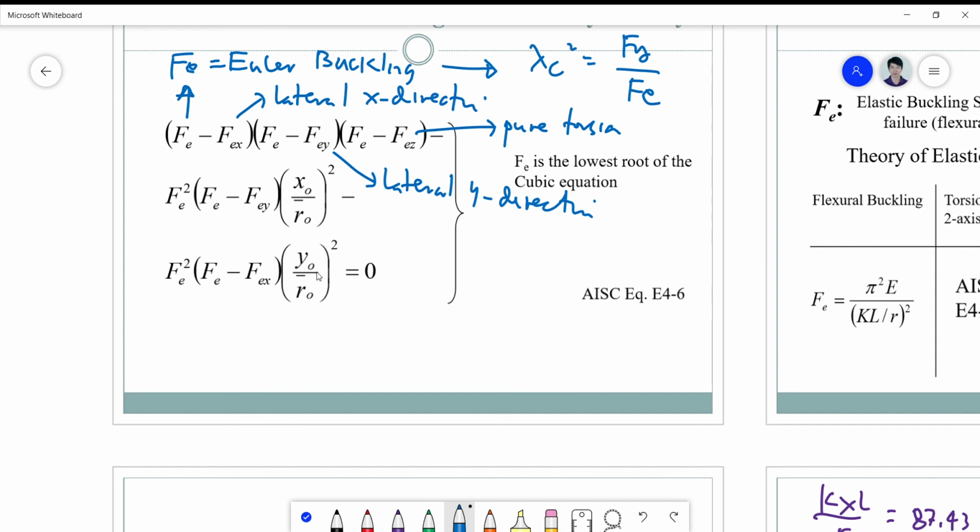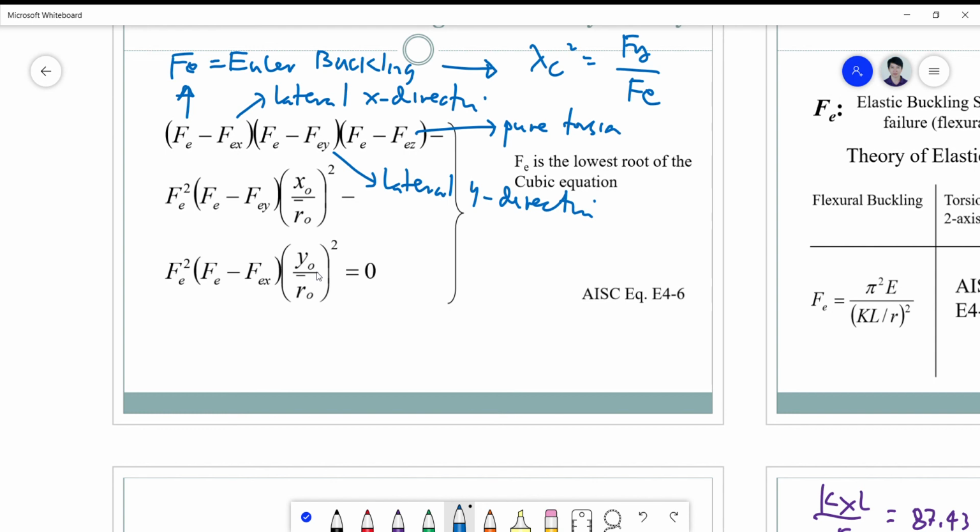Because when it is not symmetrical, torsion will actually be a major factor, and the one that gives you the value for the torsional behavior is what you call the shear center.